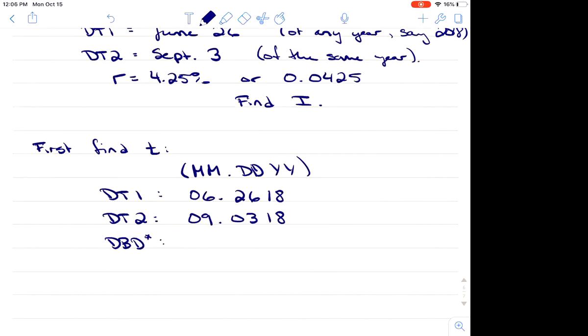And then scroll down again to the days between dates and hit compute, CPT. So 69 days between June 26th and September 3rd. So 69 days.